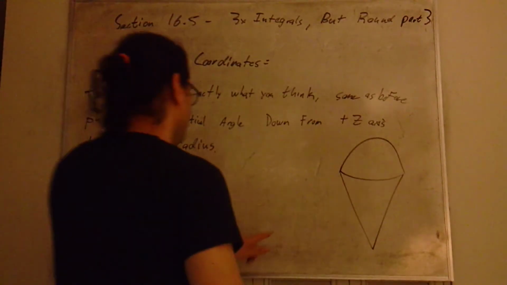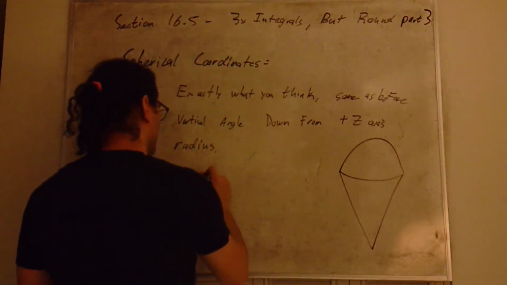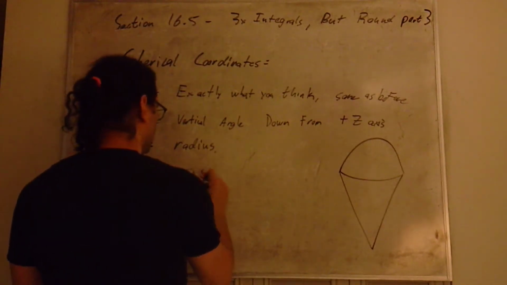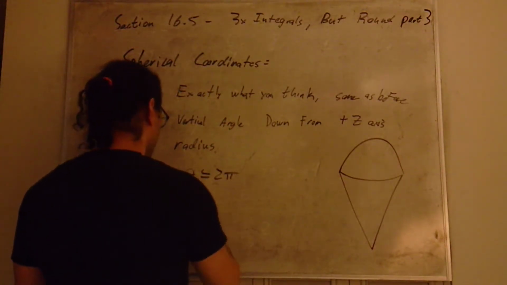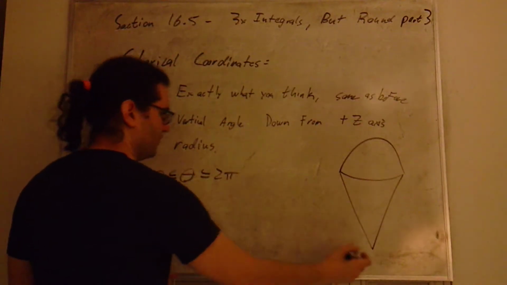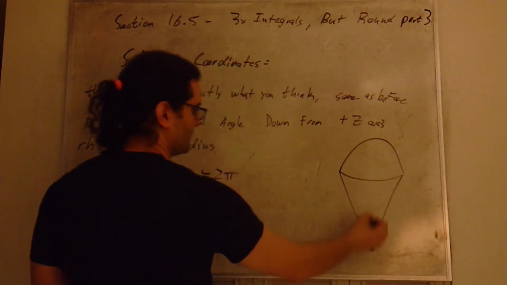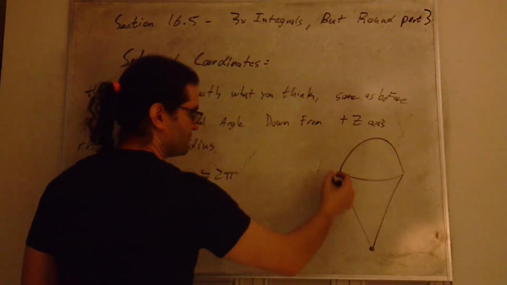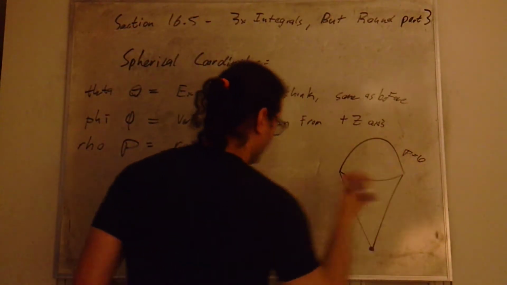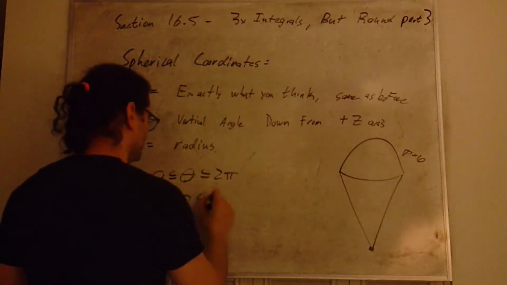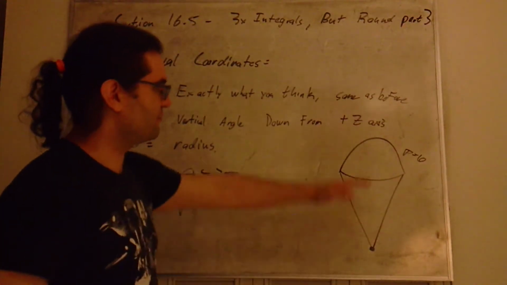For this one, we can let theta go all the way around, 0 to 2 pi. We can let rho do the full thing, this is the origin, so we can let rho go from 0 to whatever this is. Let's say rho is 10. So rho can do the whole thing from 0 to 10.